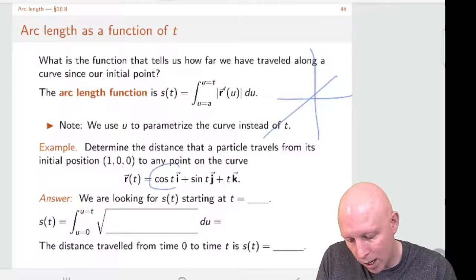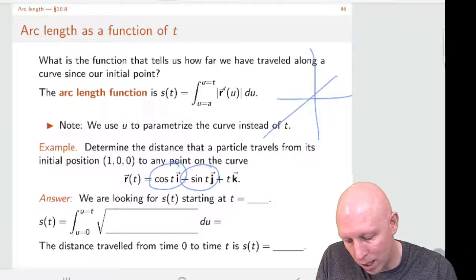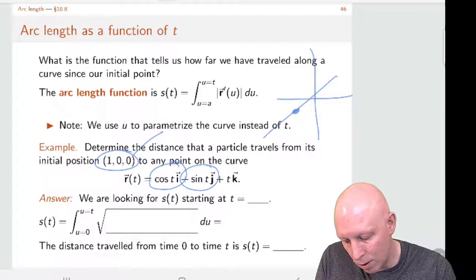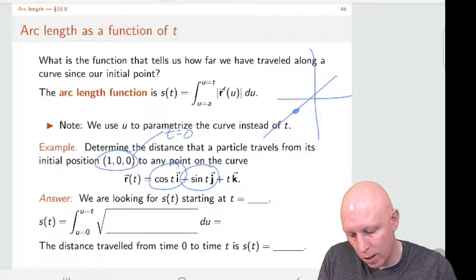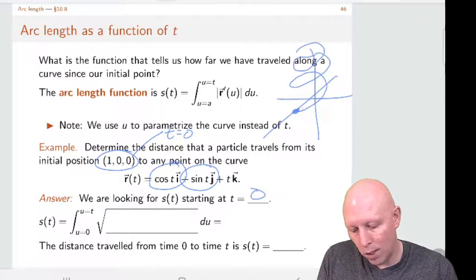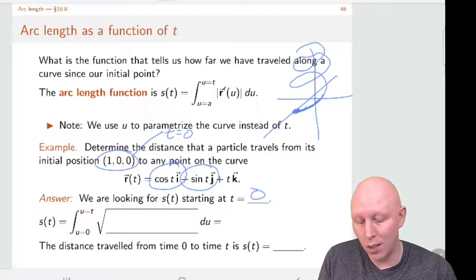Where do we start? If we plug in, the point (1, 0, 0) is what happens when t is equal to 0. So we start at t equals 0, and as t increases we start spinning around and around. We want to know, after moving for 5 seconds, how far have we traveled?